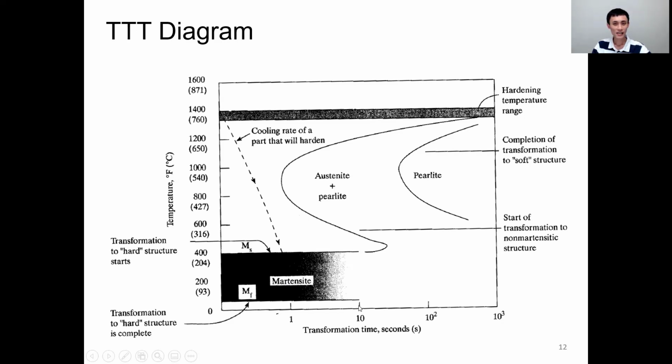Otherwise, if it takes about 10 seconds, then you are going to form a combination of austenite and pearlite. And if the cooling rate is even slower, then it's going to be 100% pearlite.